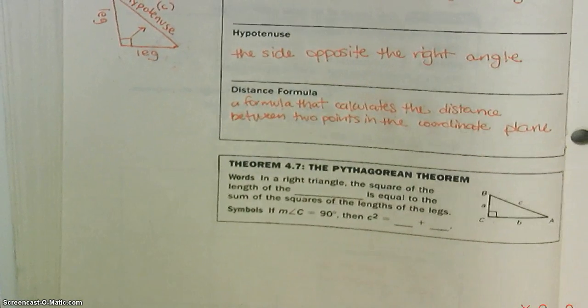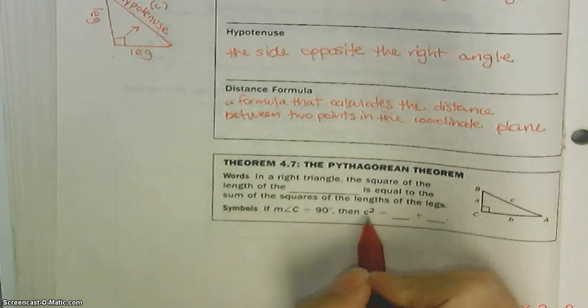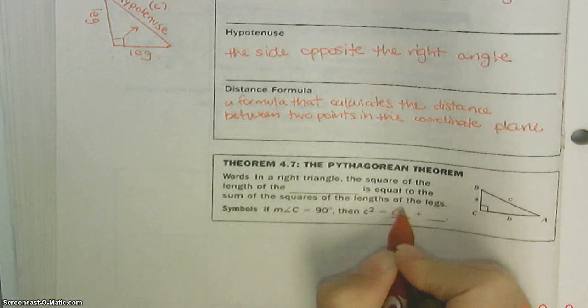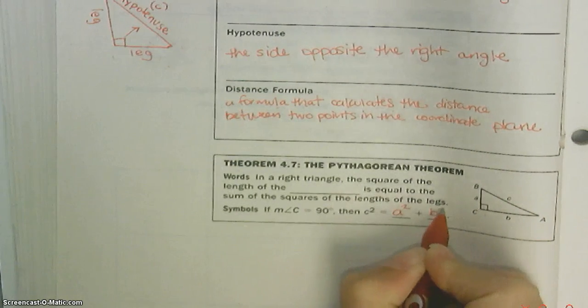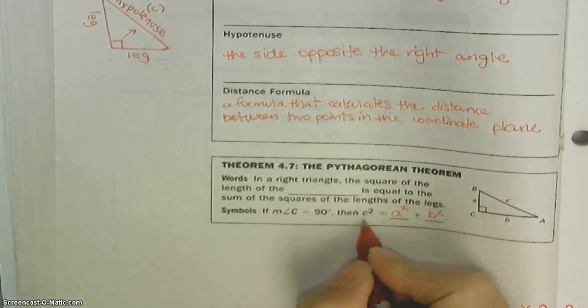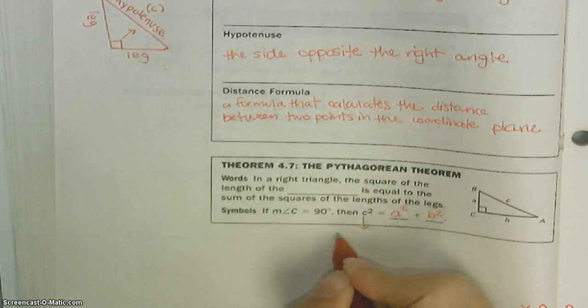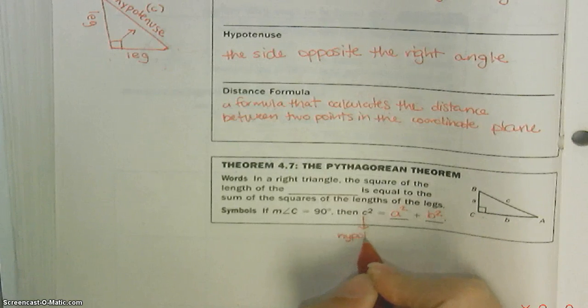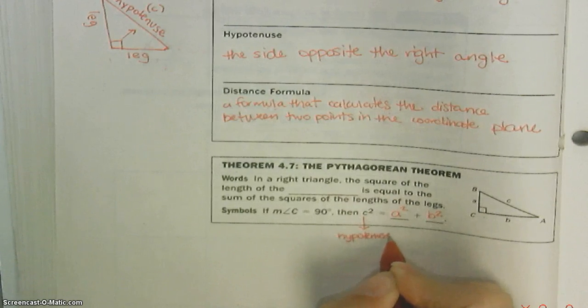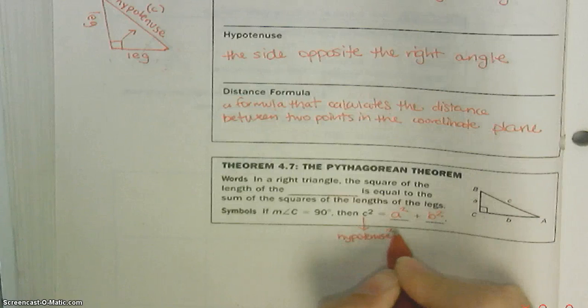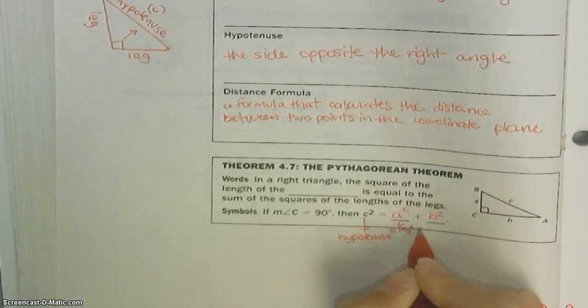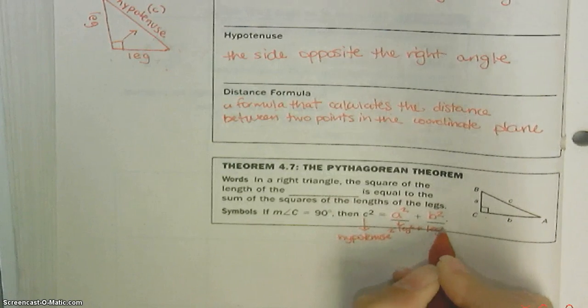So here's the Pythagorean theorem, which I know you've heard before. c squared equals a squared plus b squared. It's really, really important that you understand that c squared is the hypotenuse squared, and a squared plus b squared is leg squared plus leg squared.